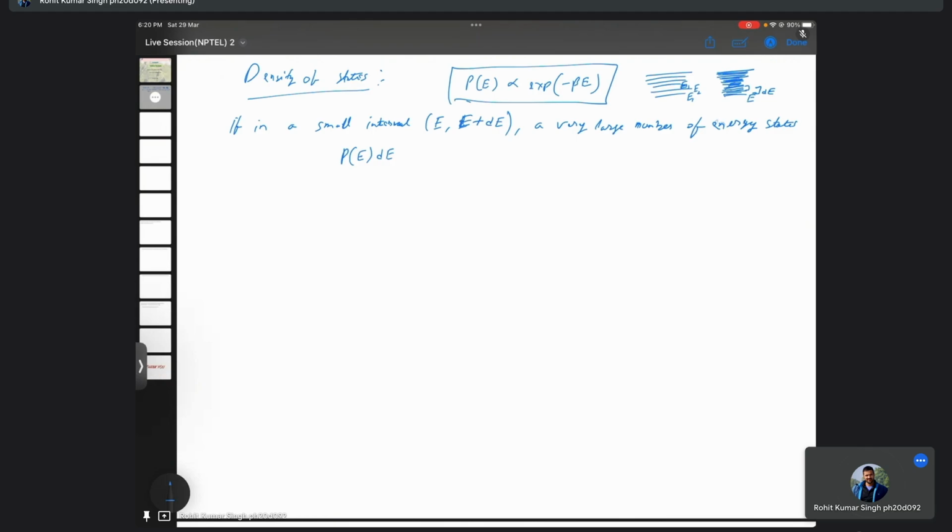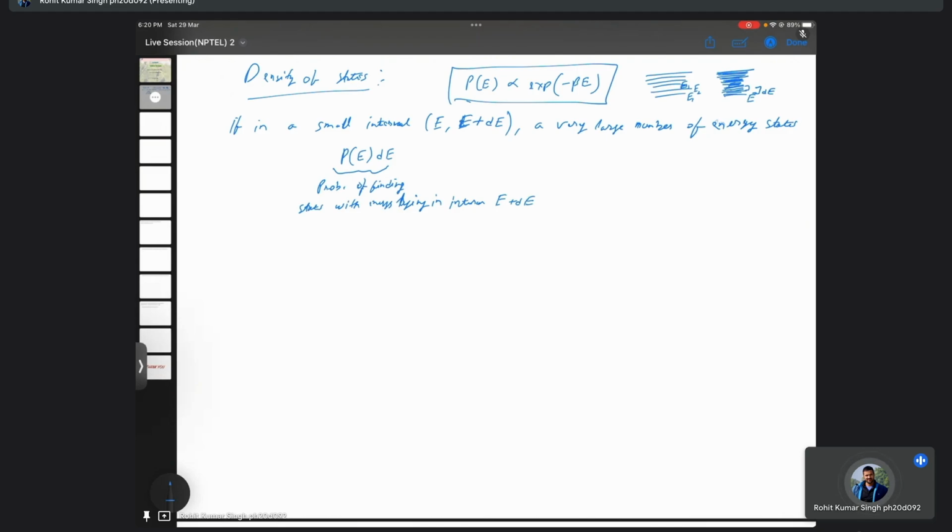This is the probability of finding a state with energy lying in the interval E to E plus dE.